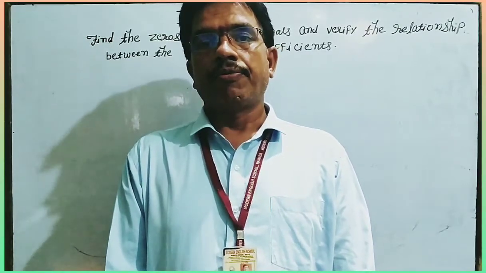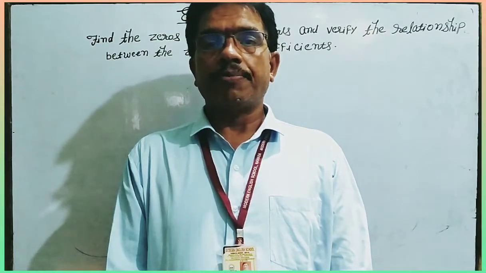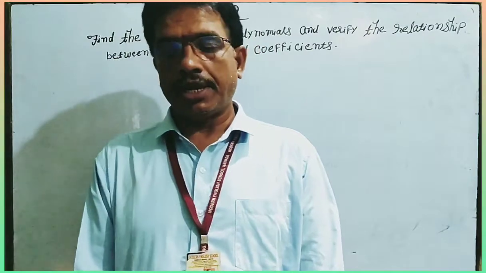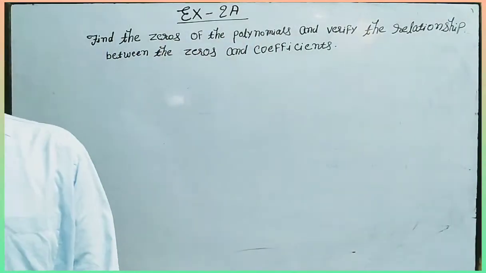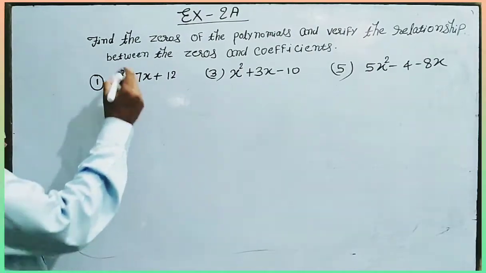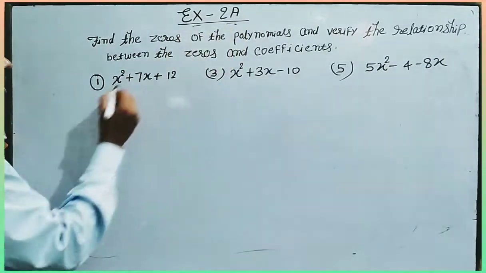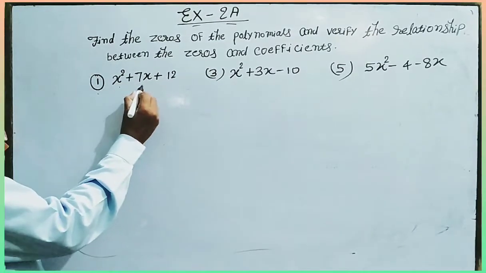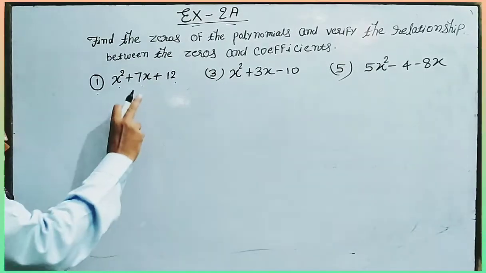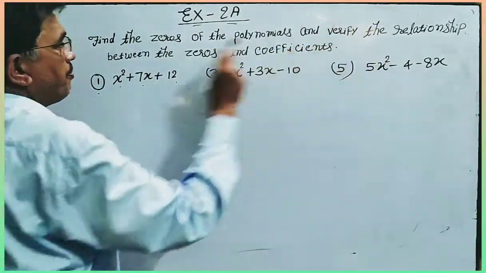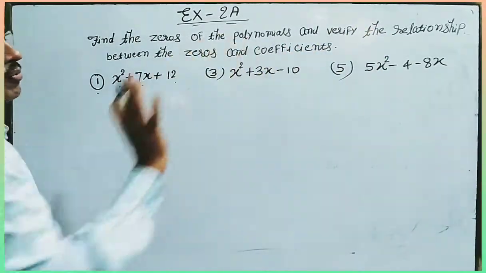Now see exercise 2a, question number 1, and that is x square plus 7x plus 12. You have to find the zeros and then find the relationship between the zeros and the coefficients.